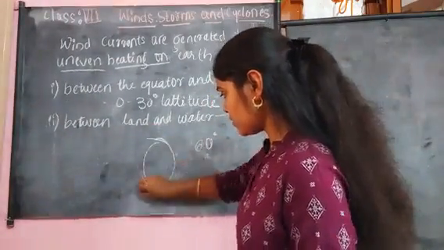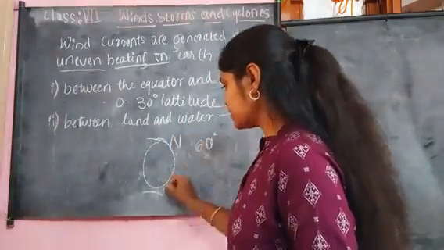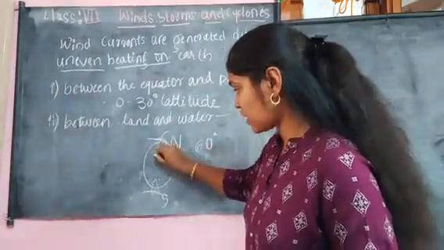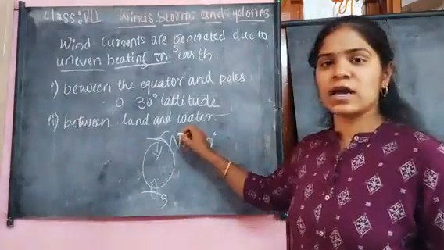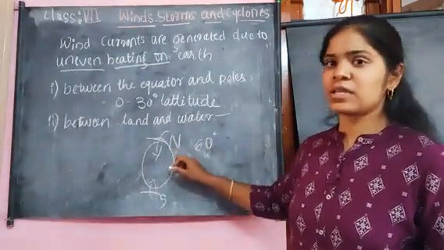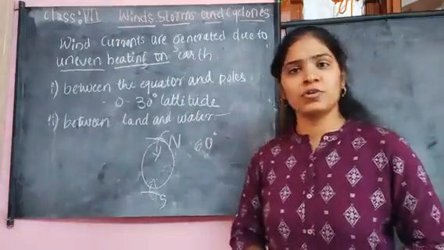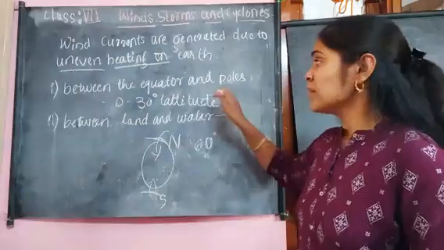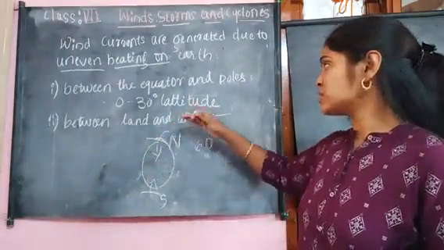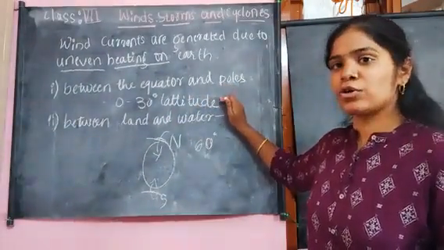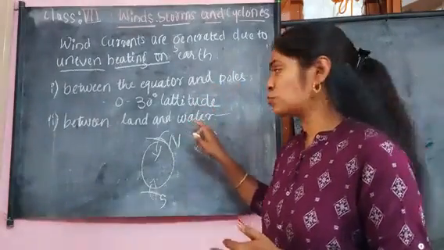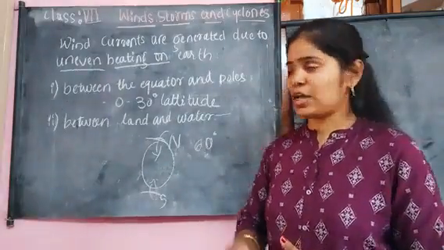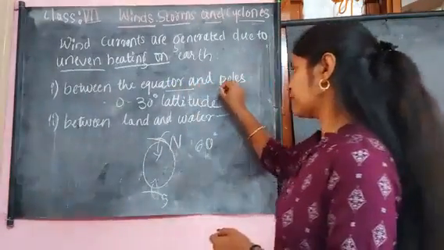So here, if it is a north and it is a south, the air will start to move inwards. It means the colder air starts to blow towards the equatorial regions, and the warmer air from the equatorial region starts to move towards the poles, and the colder air from the poles will start to move towards the latitudes of different temperatures. Okay, so this is how it is between the equatorial region and poles.